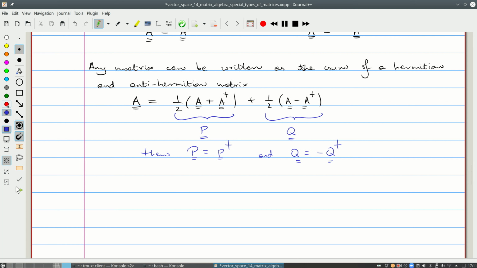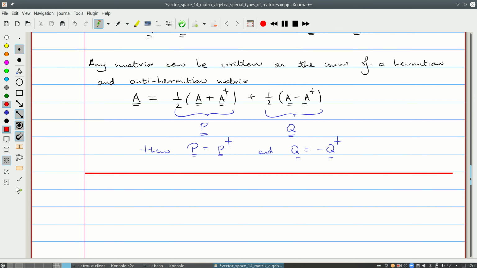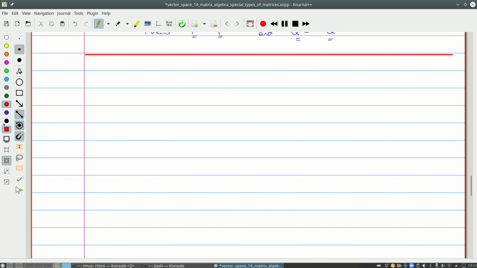Next, we come to unitary matrices. Unitary matrices are the generalization of orthogonal matrices.